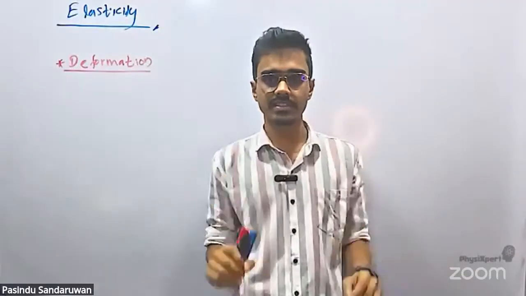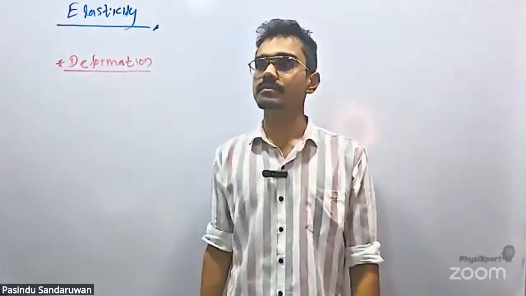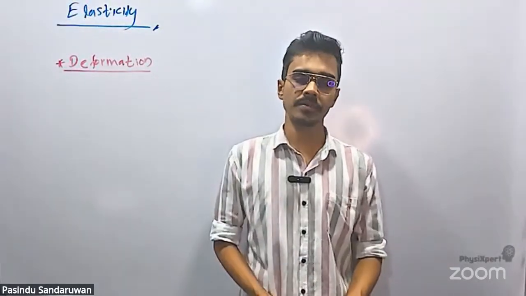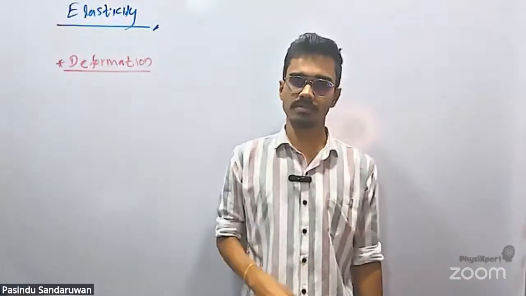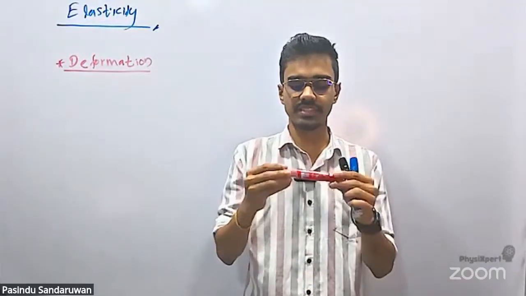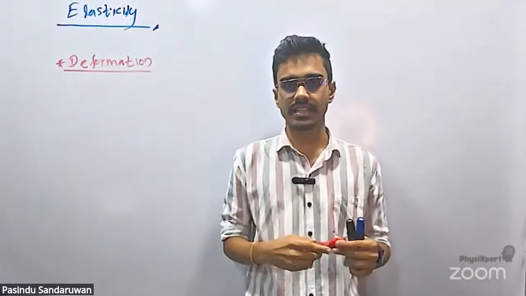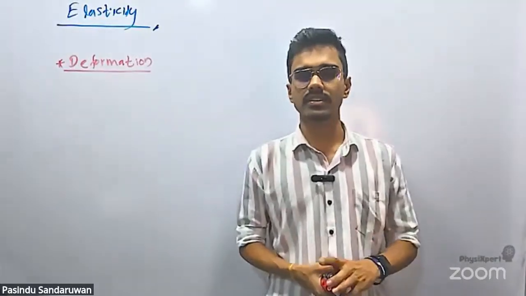That is very much visible. Everything is deformation. Each and every object deforms. Sometimes you won't see it, because if it deforms by say 0.001 millimeters, that is not visible to our eye. Otherwise, each and every object in the world deforms.